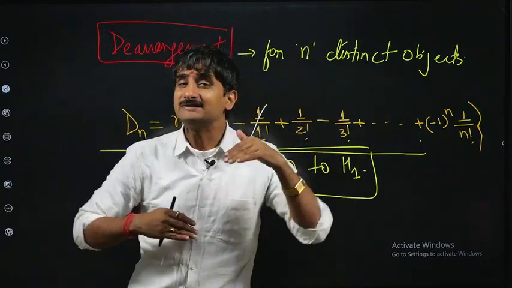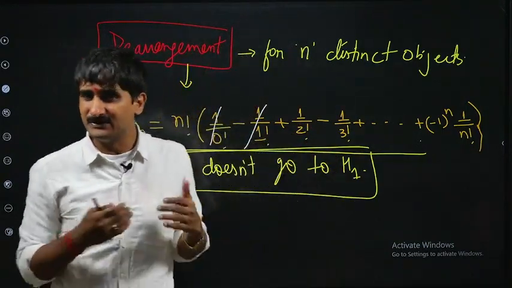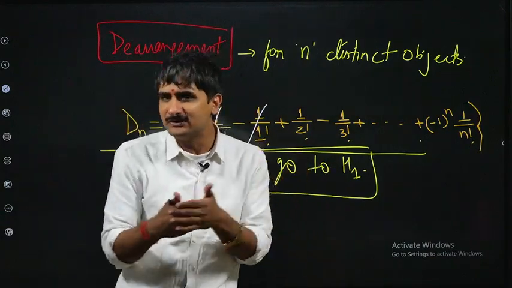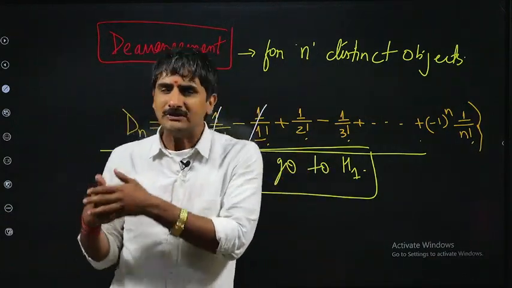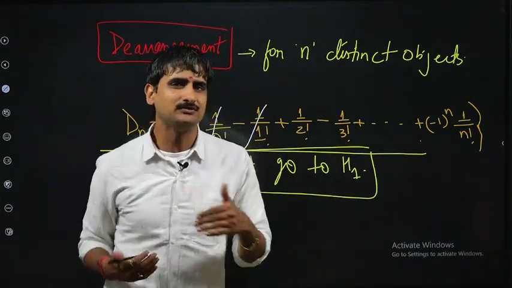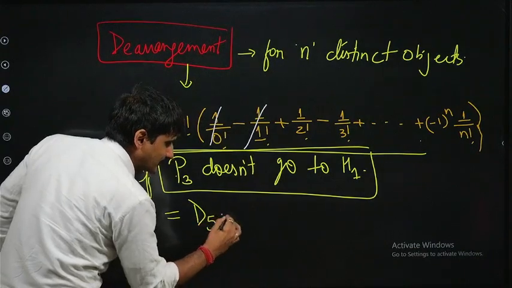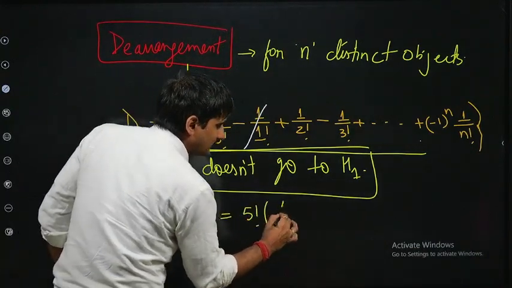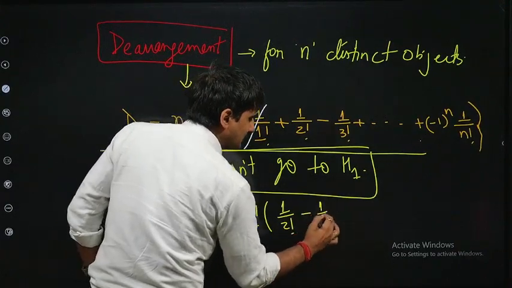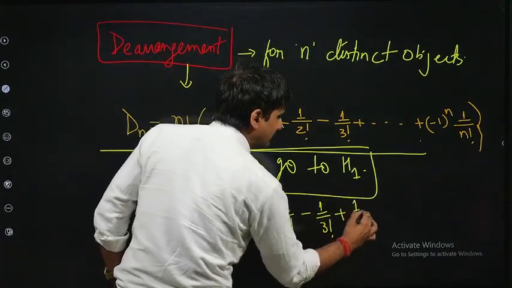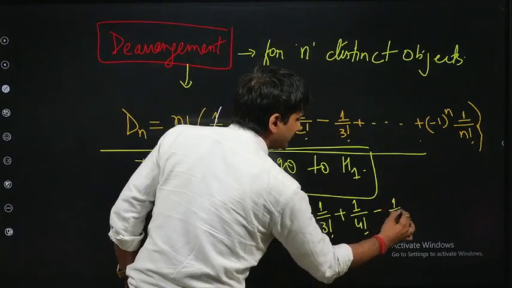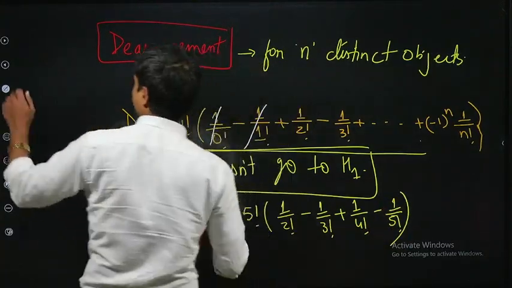So now it's a derangement of 5 objects. P3 can't go to H1 and P2, P4, P5, P6 can't go to their corresponding homes. So that is D5, which is 5 factorial times 1 by 2 factorial minus 1 by 3 factorial plus 1 by 4 factorial minus 1 by 5 factorial. Let's simplify it.